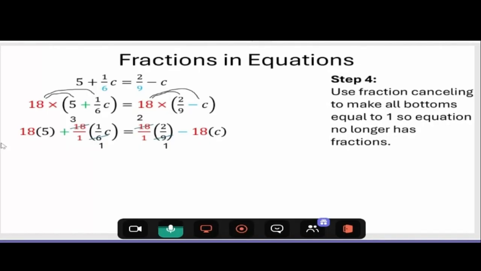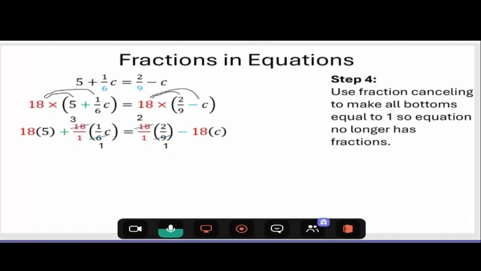You might notice that another way to think that through, because you know the bottom's always going to be 1, is you can just think, what's 18 divided by 6? 3. What's 18 divided by 9? 2, right? Might be an easier way for you to think that through. It works in this situation because you know for sure that you've set it up so the bottom will end up being 1.